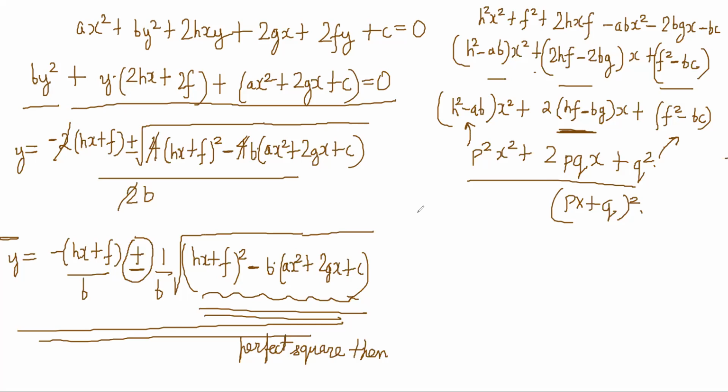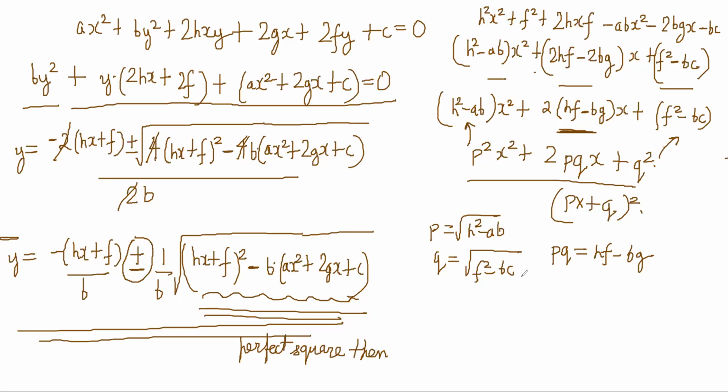So p is equal to root over h square minus ab, and q is equal to root over f square minus bc, and pq should be equal to hf minus bg. Then only it will fit.